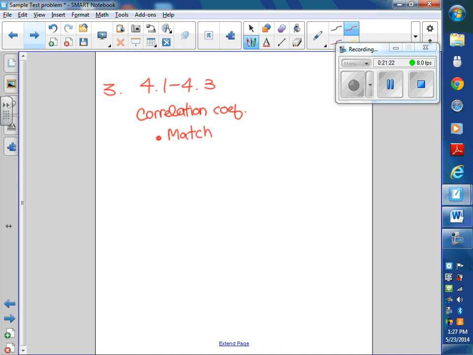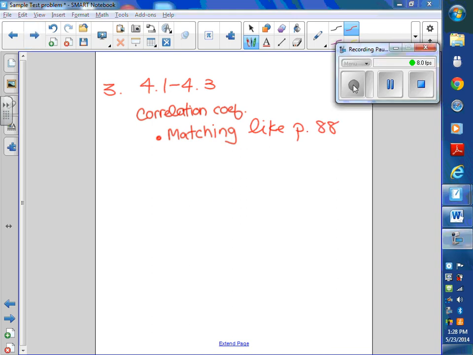An example of that would be in section 4. If you look at page 88, you want to find that? So this is an example of knowing what an appropriate correlation coefficient is given choices. You don't have the math background to figure out coefficients, but you have enough background to match them to pictures.